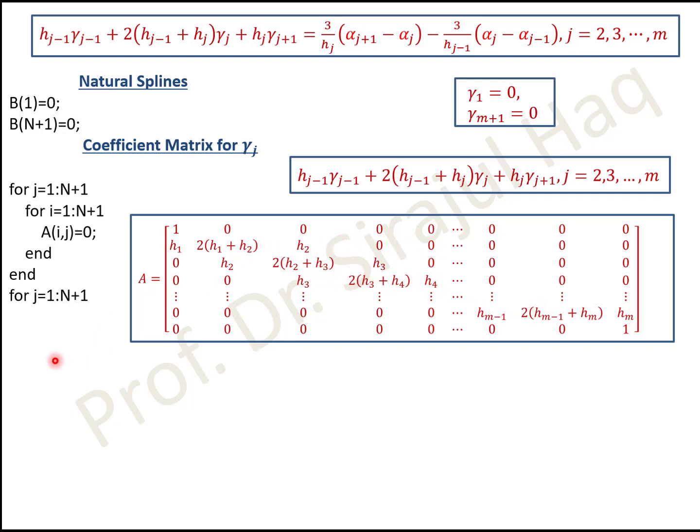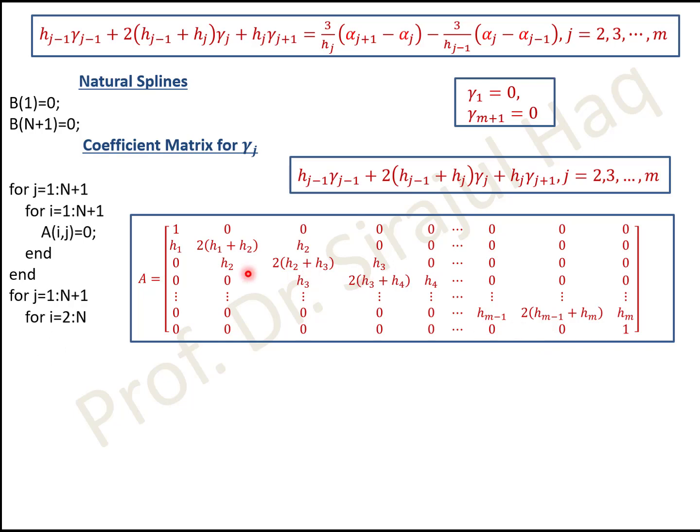For that, I consider a loop, j starting from 1 up to n plus 1. I'm using this for the column. So this corresponds to column 1, column 2, column 3, up to column n plus 1. And I'm starting from i equal to 2, because I will put this entry and the last entry independently.